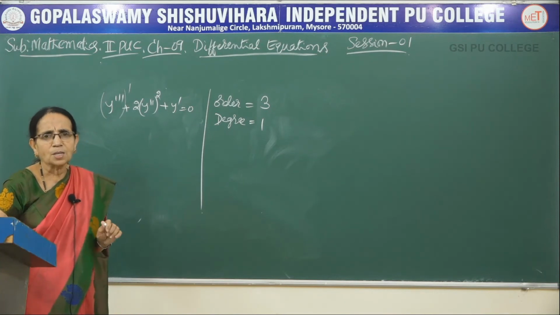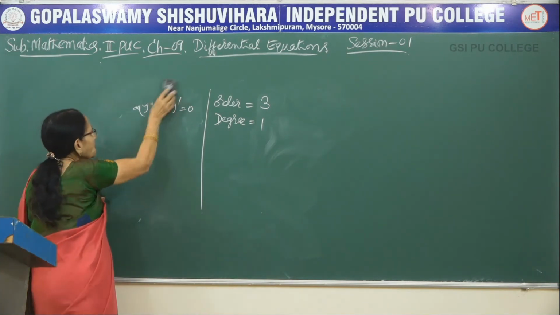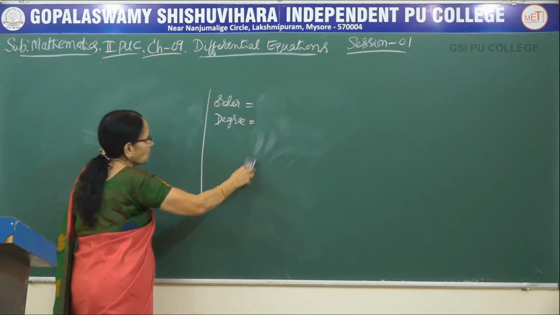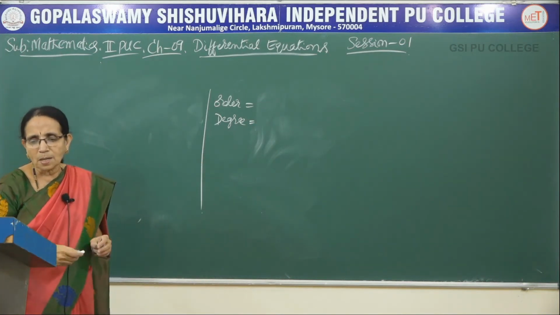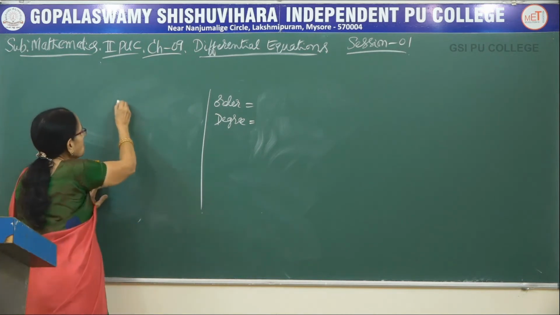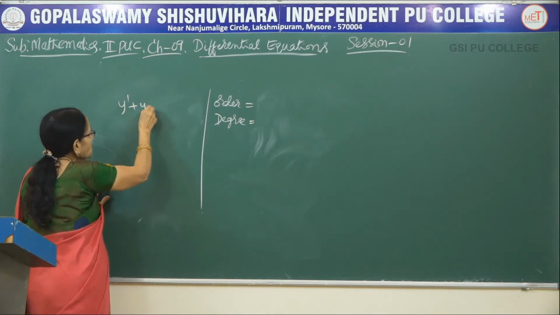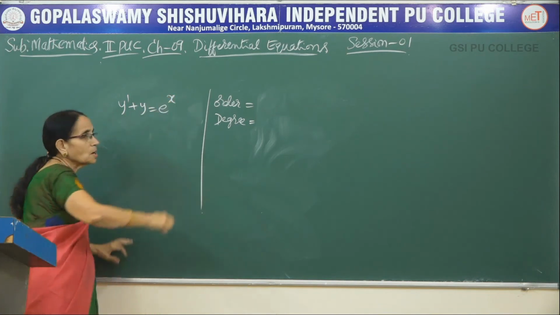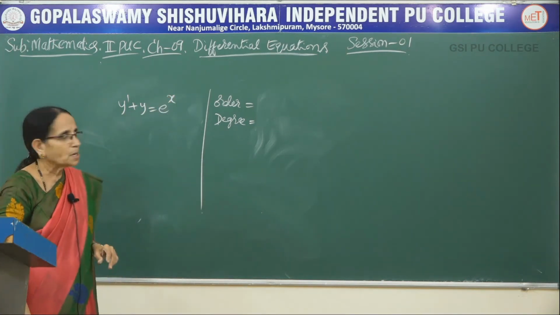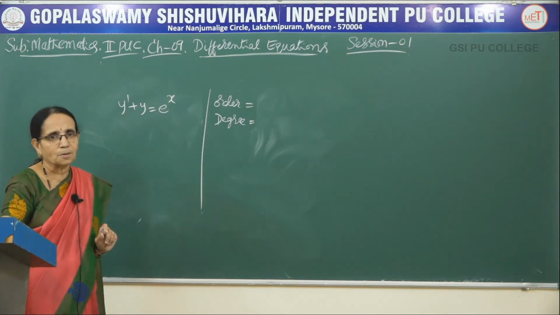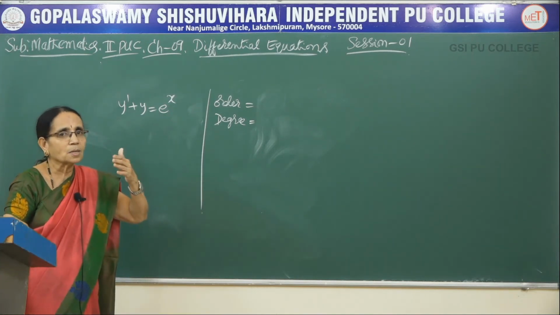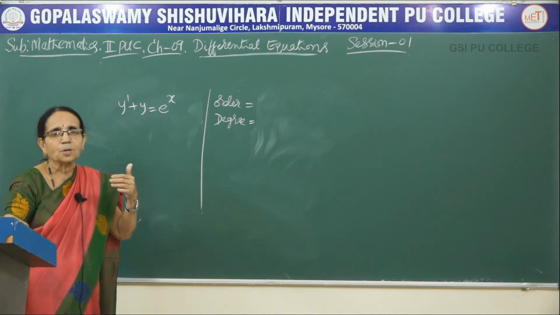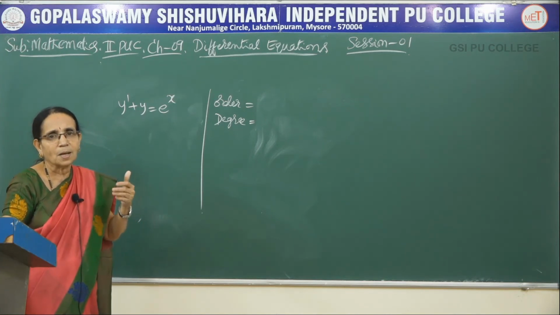So, order you can write for each and every equation, but for degree you have to be careful. Now, another problem here: y' + y = eˣ. Suppose I had given you e to the power y', then I could not consider the degree here, because it would not be a polynomial in the derivative.